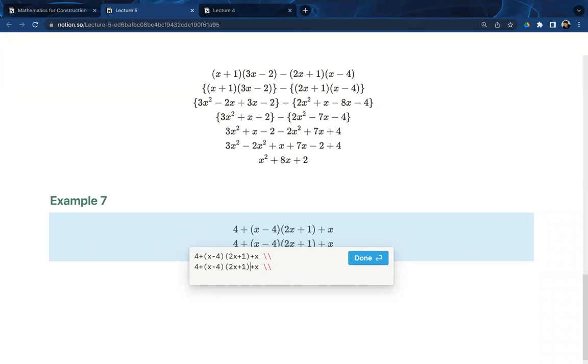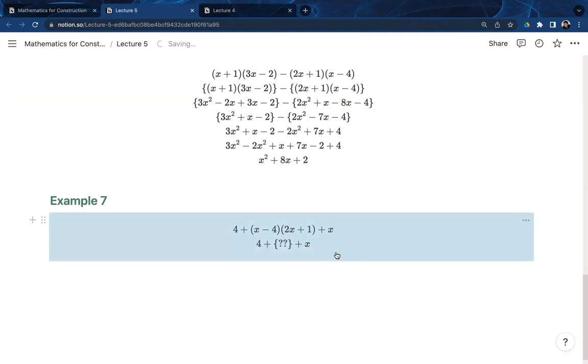So I would put brackets around the middle part, and I know I'll get 4 terms inside this curly bracket here.